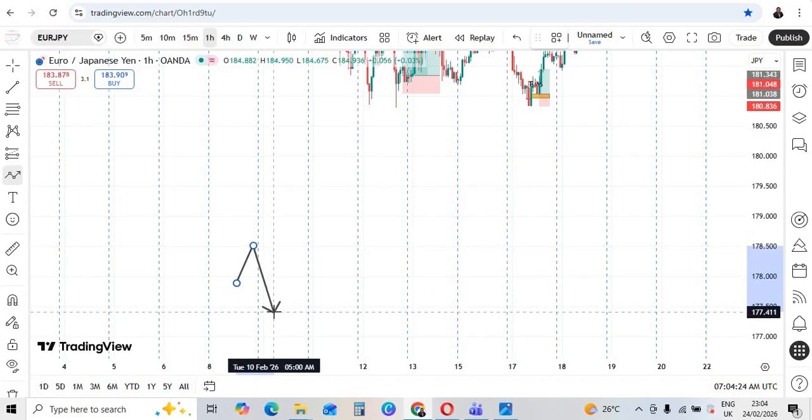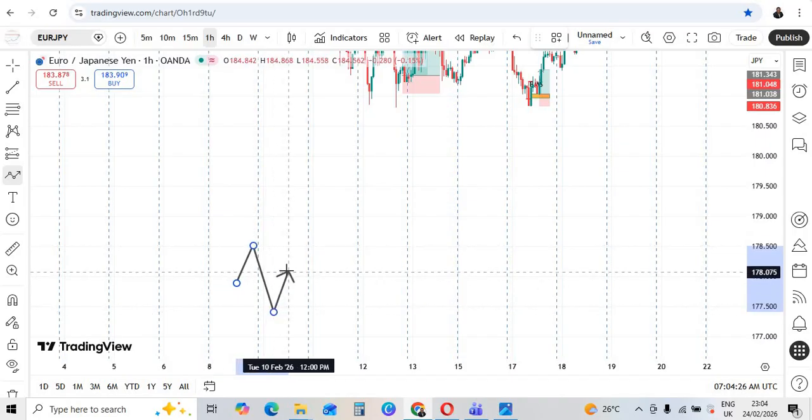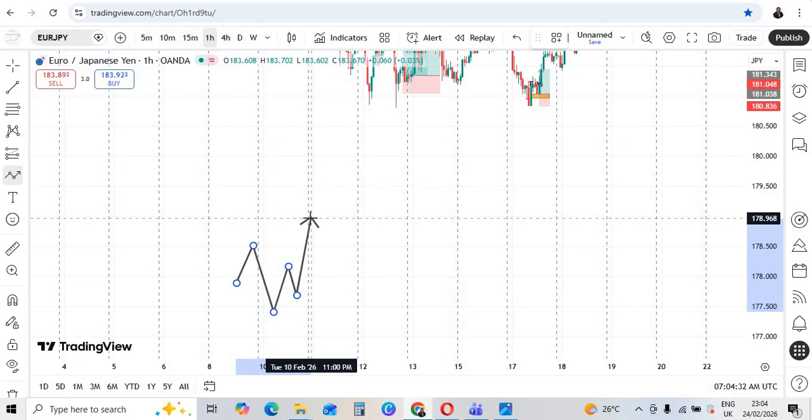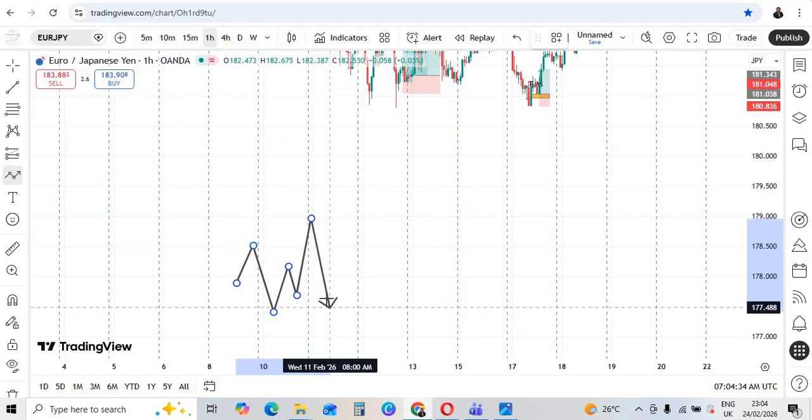We have a sweep, then we have an impulse, a correction, then we have a break, then price came down to take this low.